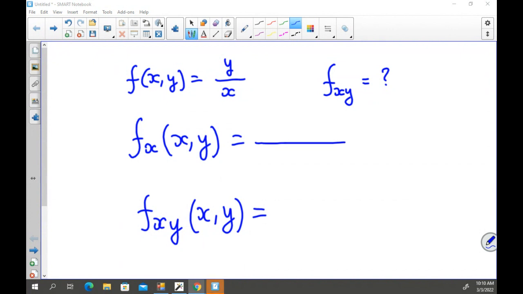So using the quotient rule, assuming you call this u and this is v, so it's u dash. What is u dash? Not 1. Why? 0. We are differentiating y with respect to x. y is a constant with respect to x. So it's 0 times x minus, what?